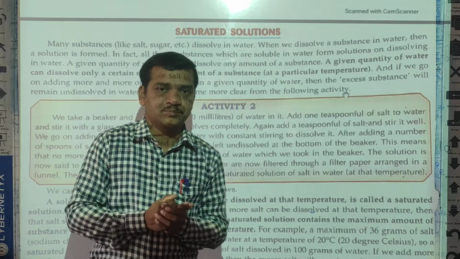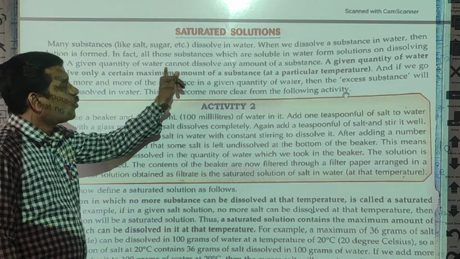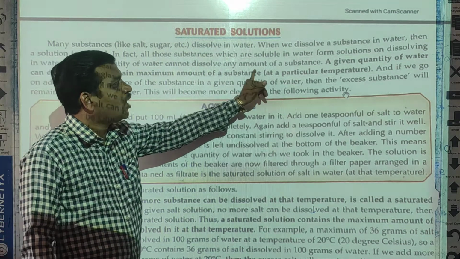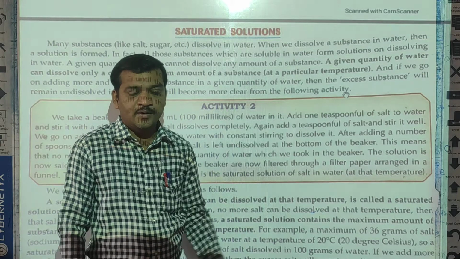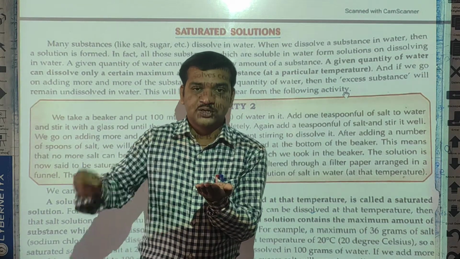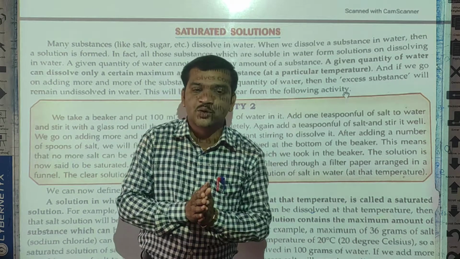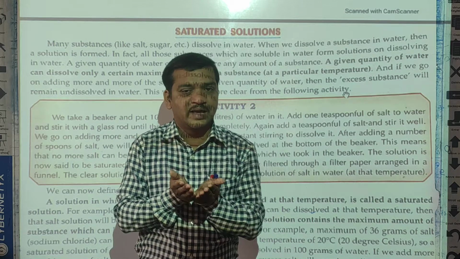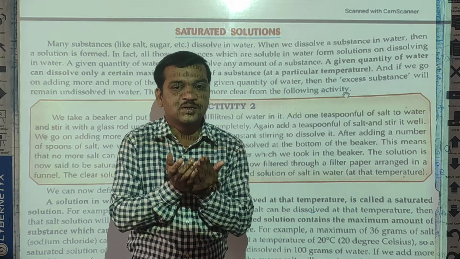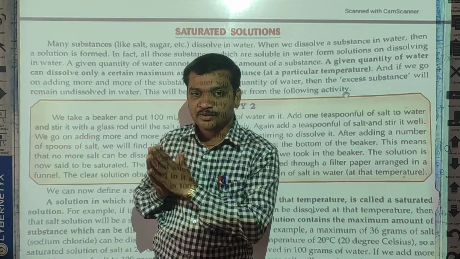For example, see here, a given quantity of water cannot dissolve any amount of substance. For example, just 1 liter of water is there. Can you dissolve 2 kg of sugar in that? No, we cannot dissolve it, because that water has a limited capacity to dissolve the substance. So that is called a saturated solution.